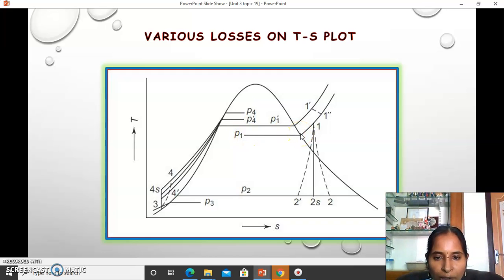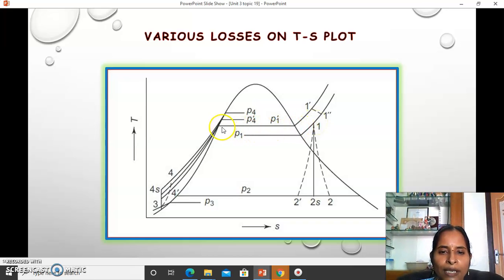Then the superheated steam pressure is further reduced to 1 double dash, and then from point 1 the turbine inlet expansion process starts. What are these, 1 dash to 1 double dash and 1 double dash to 1? This much pressure reduction or loss is taking place.